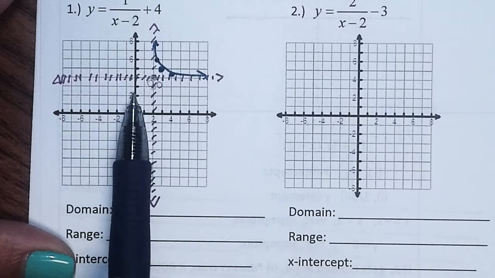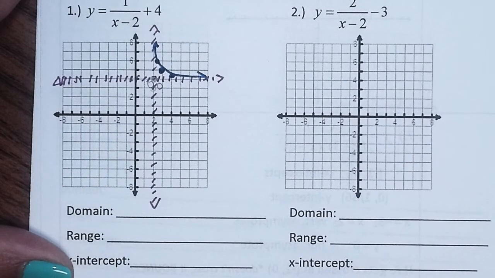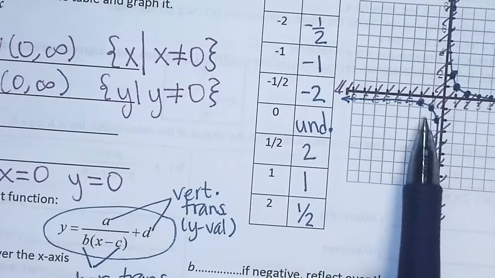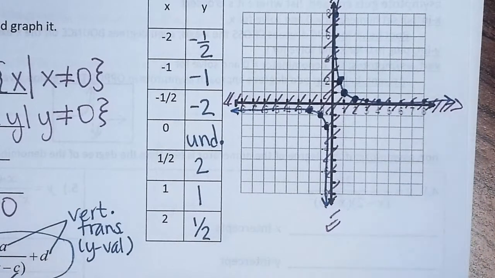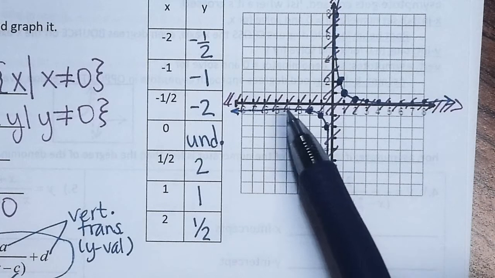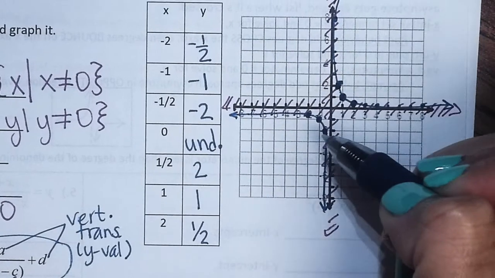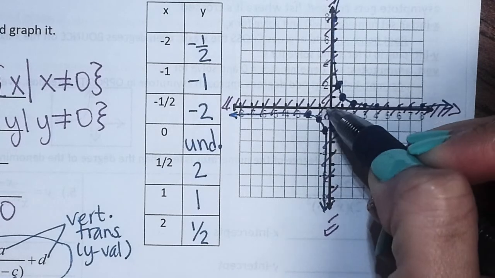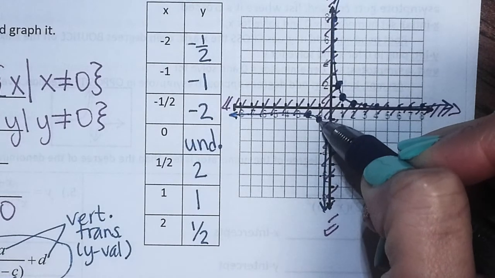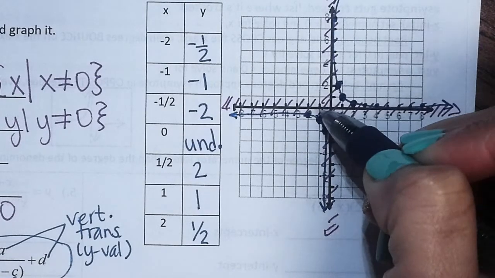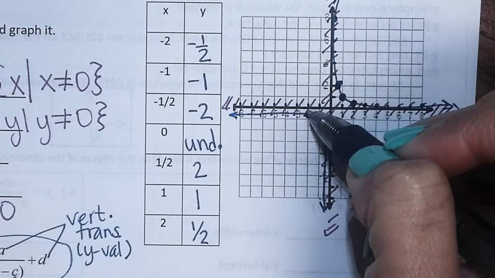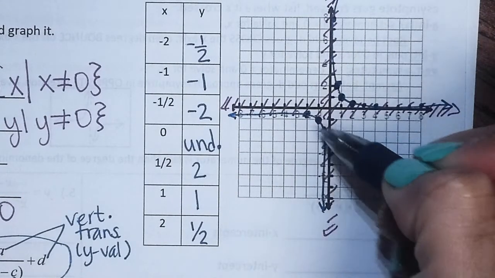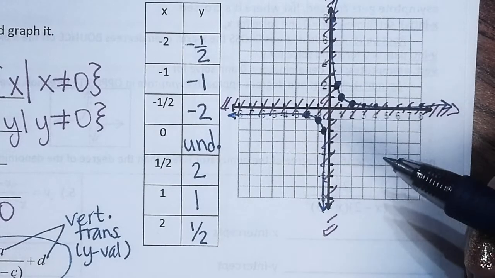And then on the other side, I'm going to do the same thing. Remember, the other side was the negative part of the function. The points were negative half, comma, negative 2, negative 1, comma, negative 1, and negative 2, comma, negative half. So that's what I'm going to graph from that new origin that I made up.